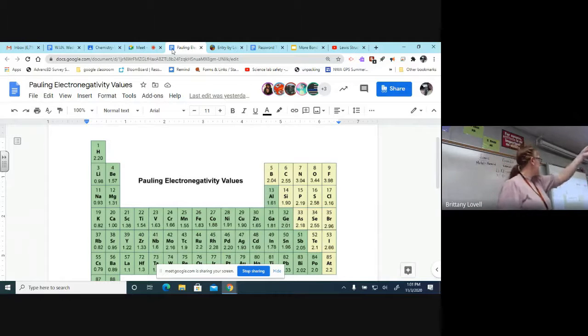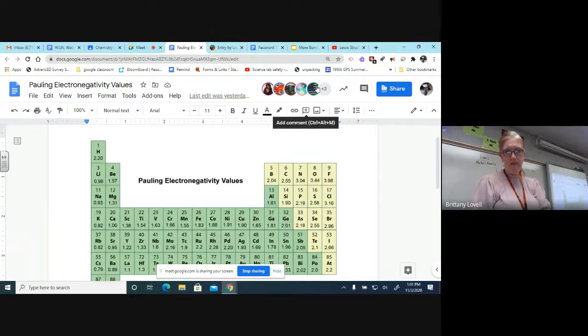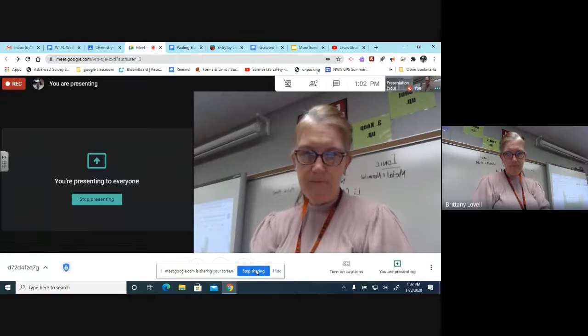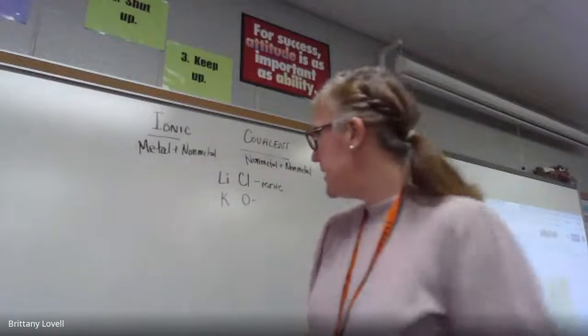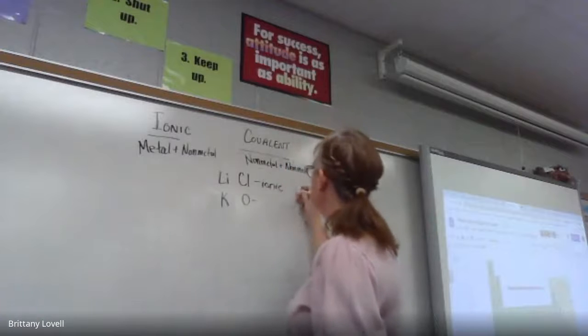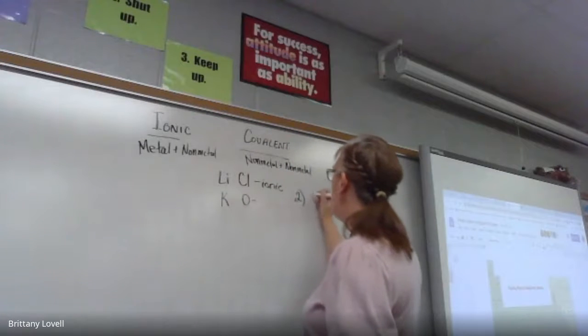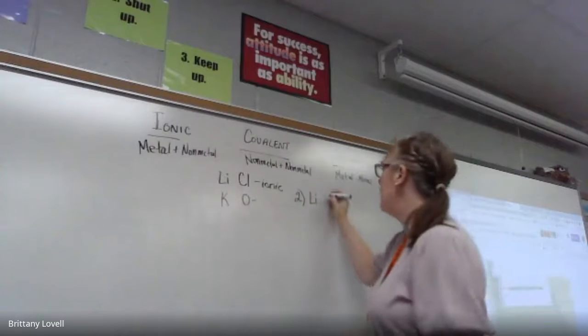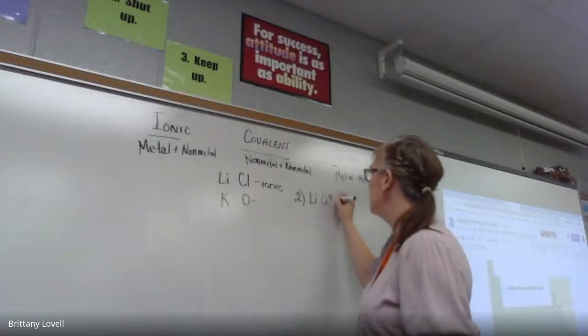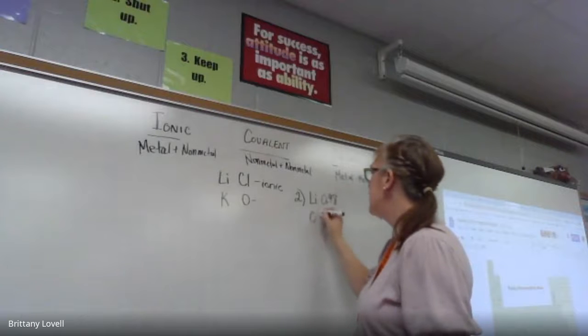Okay, so I'm going to freeze that. So you would look up their values and see. Okay, and so for Li, you would simply write down, so this is number 2, by the way. For Li, it has an electronegativity value of, is it 0.98? Yeah, what's Cl?